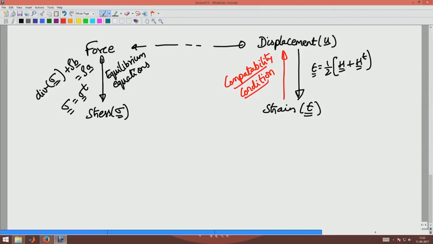Now, what did we say about the displacement field? We said that if I have a surface, the surface will move, but there will not be opening up of surfaces or interpenetration of surfaces.